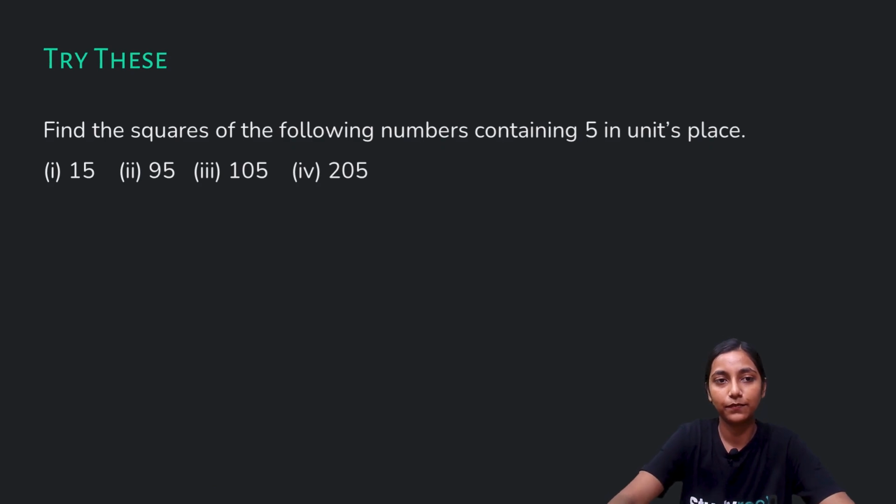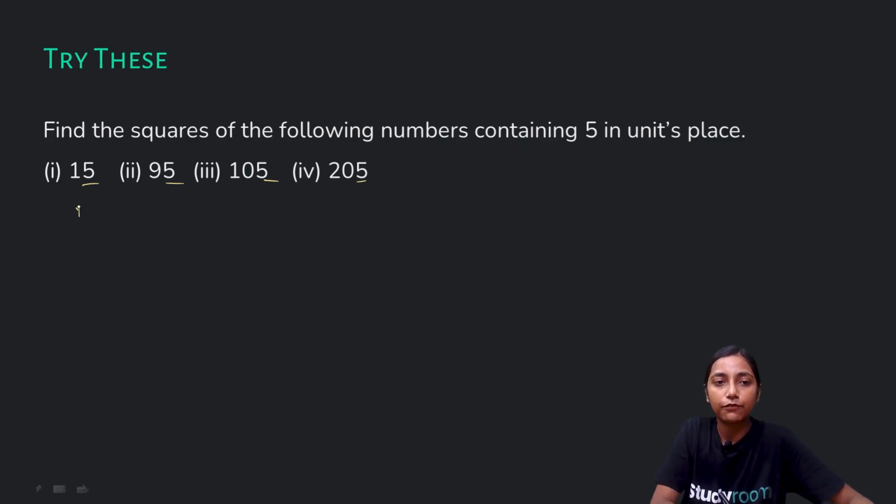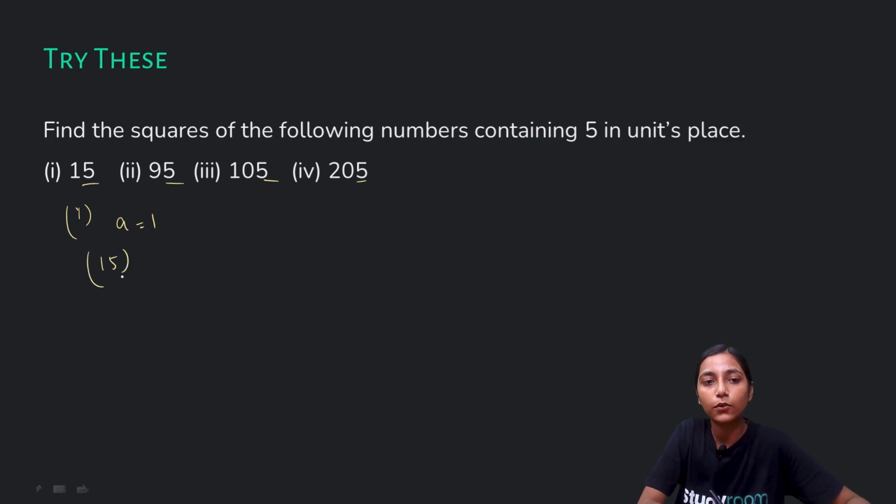Remember this formula. Let's apply this formula in finding the squares of the given numbers, because you can see that all of these numbers end with the digit 5. How do we proceed? For the first part, this number is 15. What is A here? A is 1. So 15 square will be A into A plus 1 into 100 plus 25.